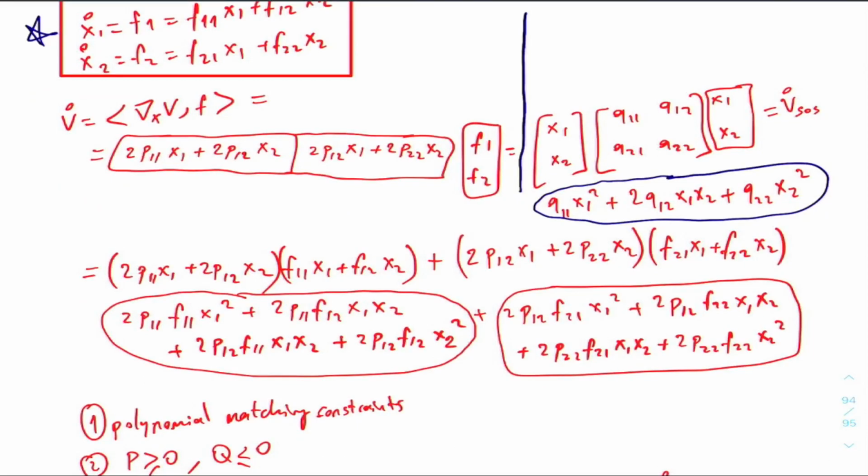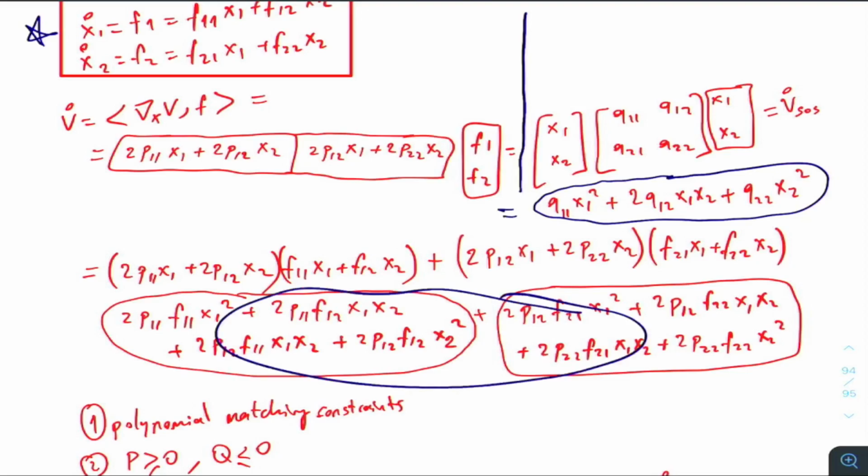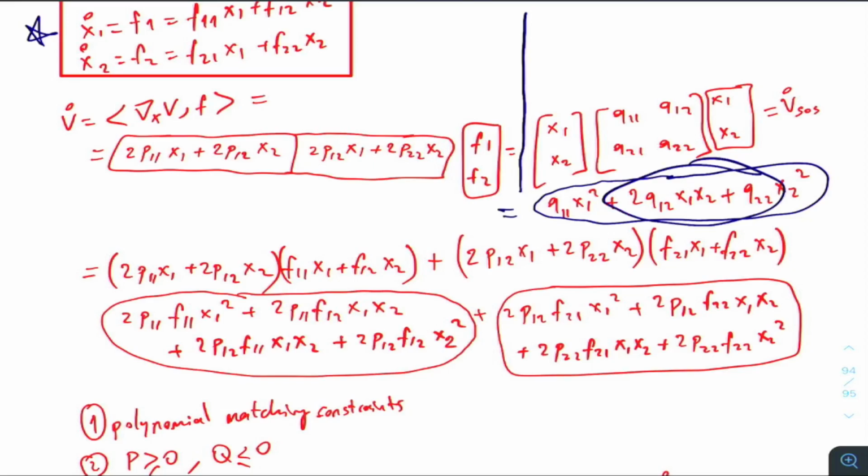After calculating v dot in terms of p terms and having these 8 terms, you are going to expand this v dot, and I call it v dot SOS because it's the SOS representation. What I'm trying to say is that these 8 terms and these 3 terms are equal.